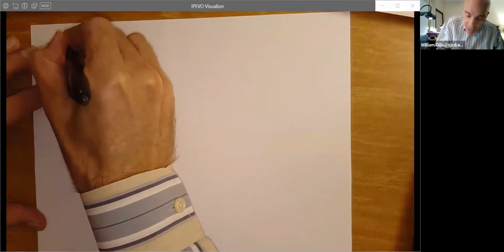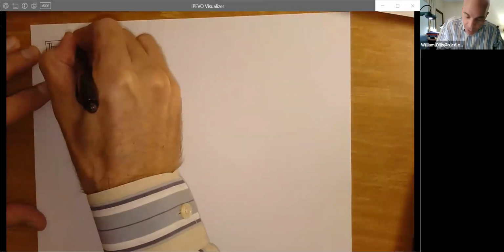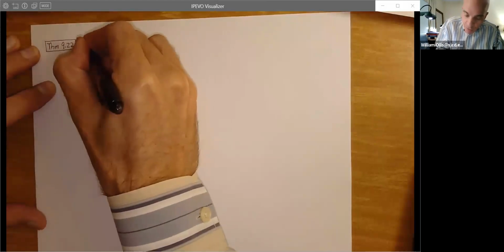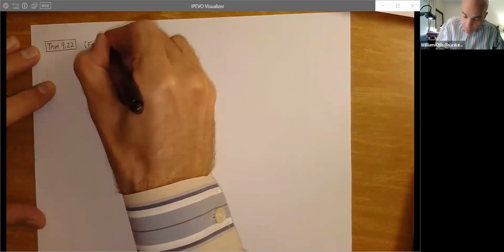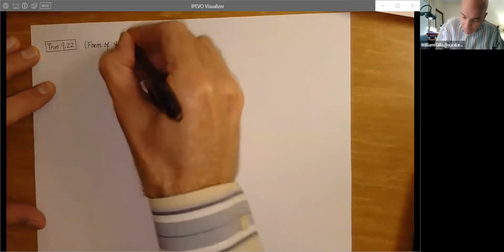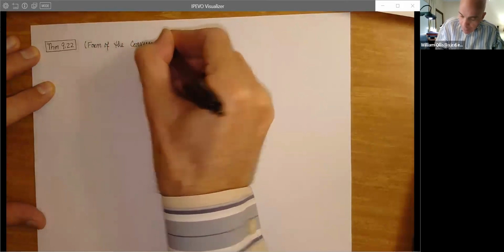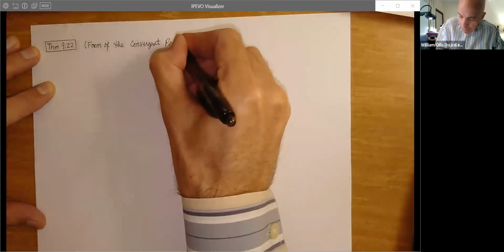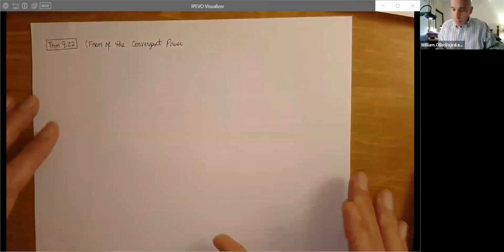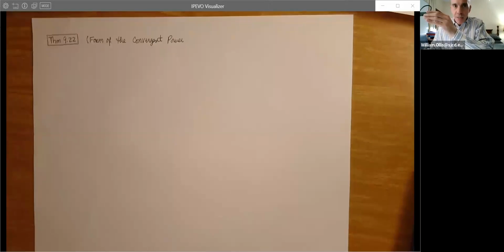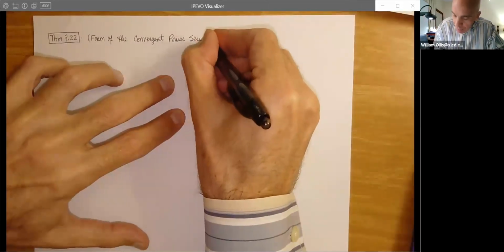So this is theorem 9.22, which I've stated several times, and this is the form of the convergent power series. So we know what it is. The main thing that I want to do, let me adjust this just a little bit. There we go. Power series.